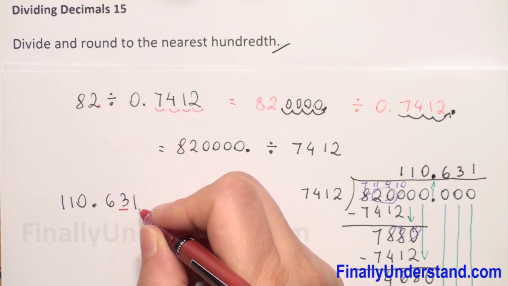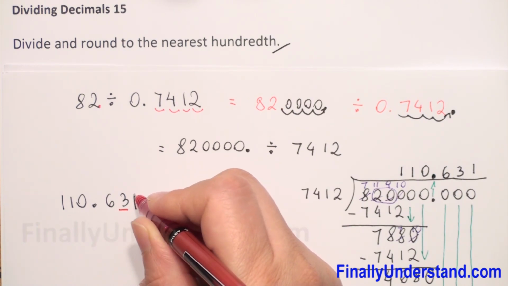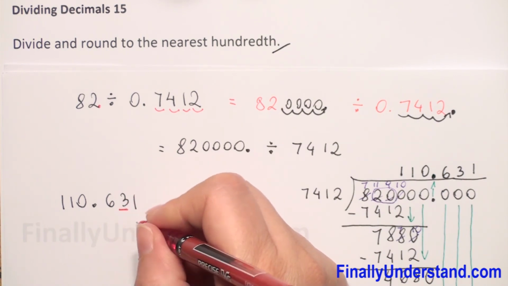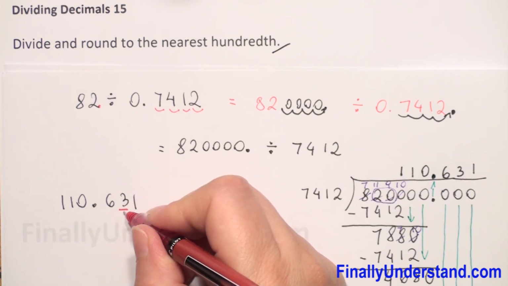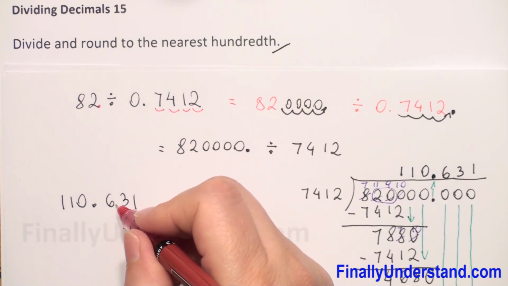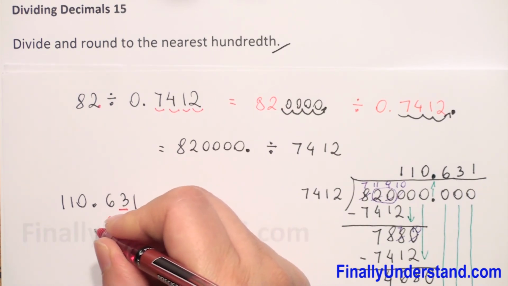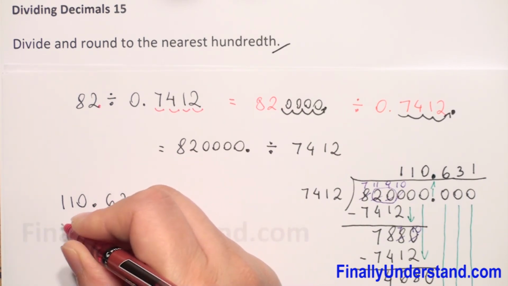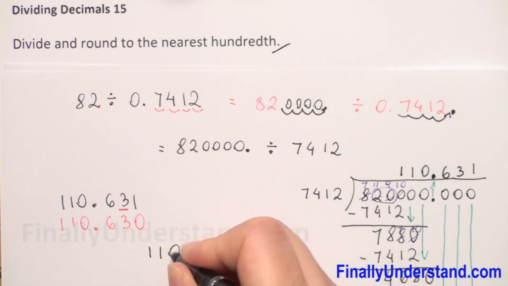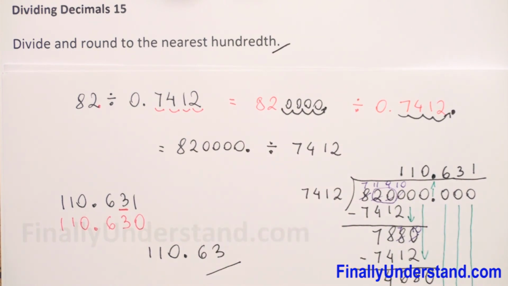When we have a digit smaller than 5, what do we have to do? We change every digit after our underlined digit to 0, and 3 we have to copy, and everything before our underlined digit we have to copy also. So 110.630. So what do we have? 110.63. This is my solution.